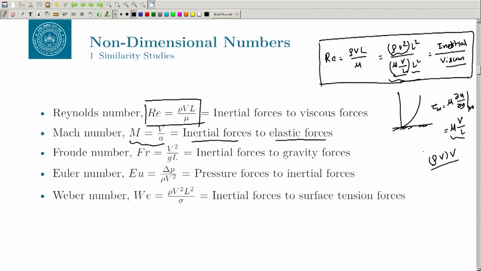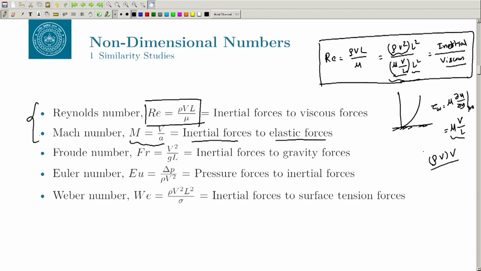We have earlier derived how the speed of sound can be related to compressibility, and you will see that the Mach number is related to the inertial forces over the elastic forces. These two numbers we will be talking about again and again in our course.